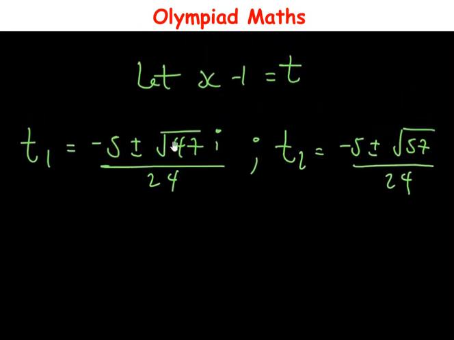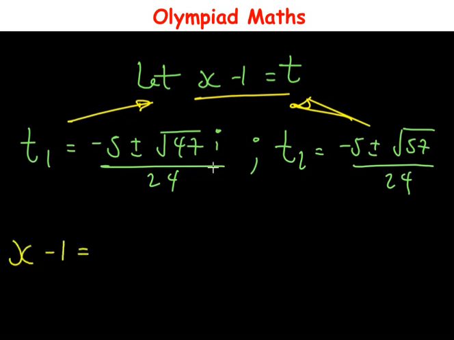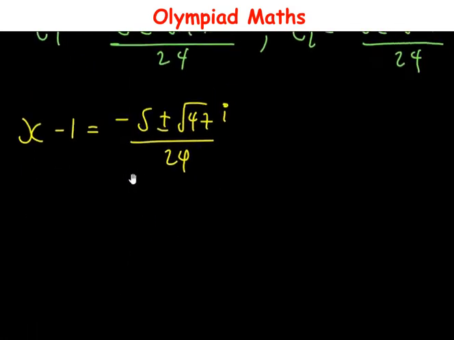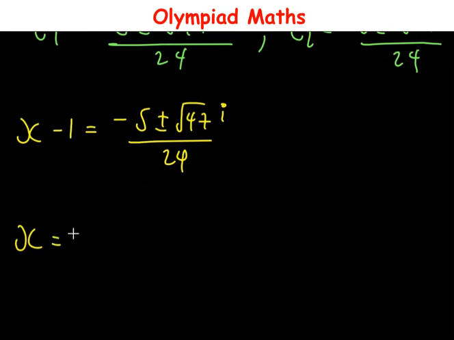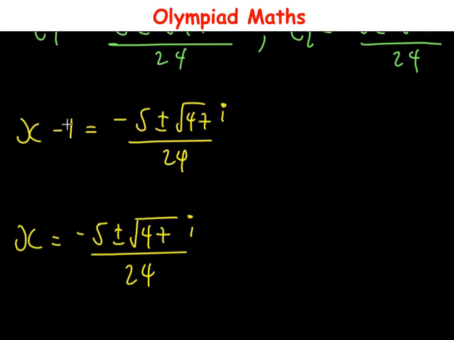To solve for x, simply input the value of t into this equation. For t1, x minus 1 is equal to minus 5 plus or minus root 47 times i over 24. Then move minus 1 over to this side, plus 1.